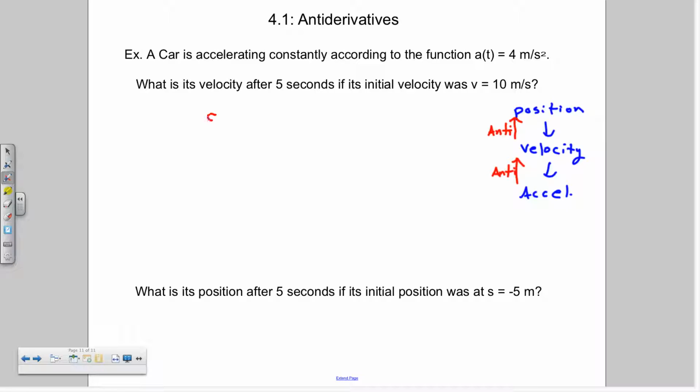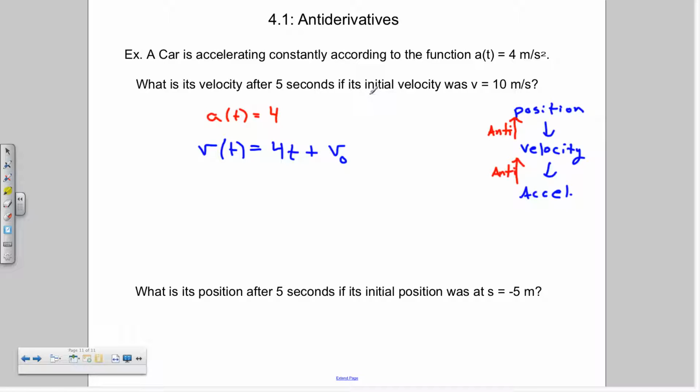So I'm going to start with my acceleration function, which is a of t equals simply 4. And then my velocity will be the antiderivative of that. The antiderivative of 4 is not 4x, it's 4t. And you can either write plus c, or you can write plus v naught, because v naught means the initial velocity, v sub 0.